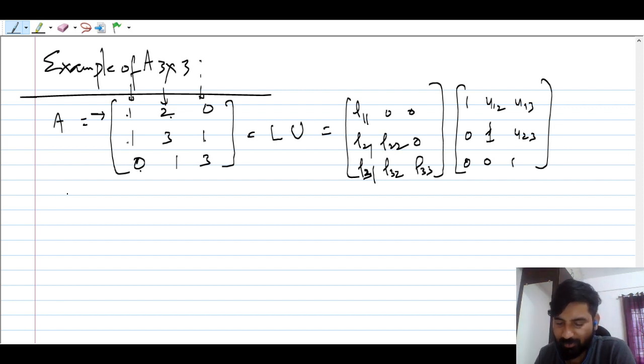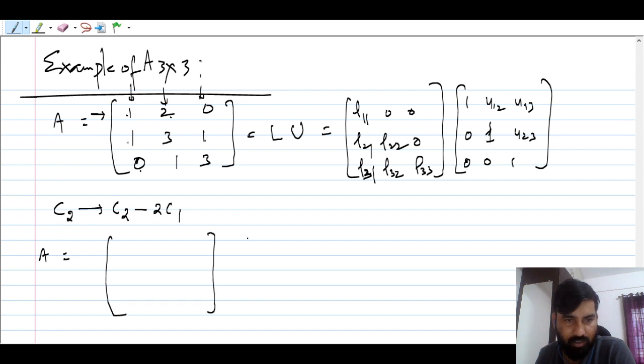So the first operation is C2 minus 2 times of C1, right? Okay, I think this is clear, right? What you can do, from A, L will come. You can write this as 1 0 0, 0 1 1, and these elements I'm going to write directly.